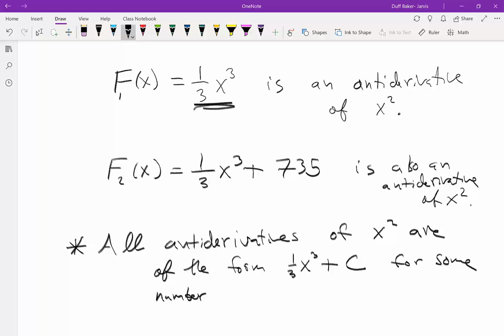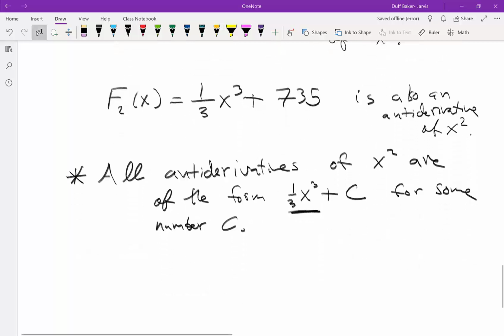So we can actually describe all possible antiderivatives. They're always, if you choose one particular antiderivative and then just add a constant to it, that's another antiderivative, and it turns out that that's all that can ever happen. So every single antiderivative is of the form a third x cubed plus some constant. The constant could be 735, or it could be 2, or it could be 3. There's one for each possible constant.